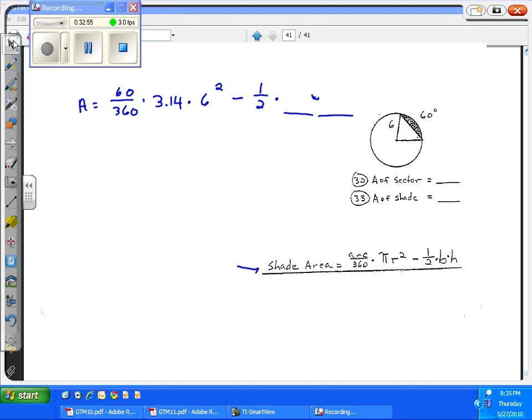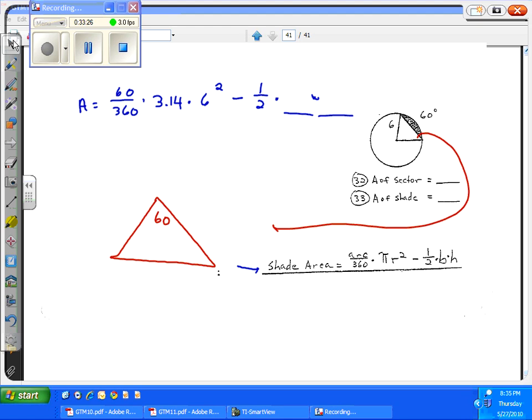So we need to analyze that triangle. I need to make this bigger. If that arc is 60, then this angle's 60.